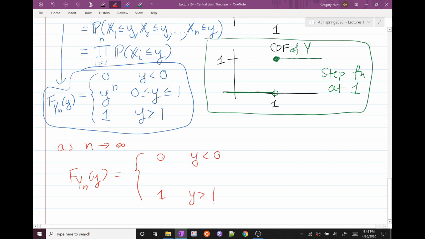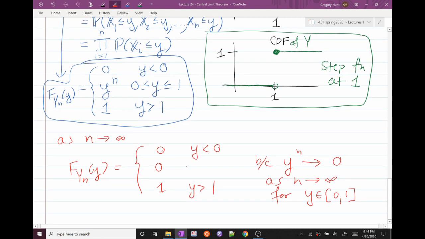But as n goes to infinity, if y is between 0 and 1, y to the n is going to go to 0, and that is true for any y in this interval. I take a number between 0 and 1 and raise it to powers, it gets smaller and smaller.